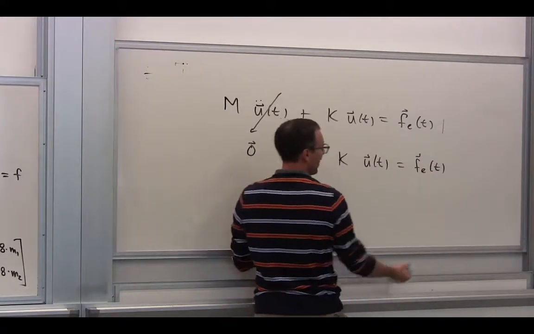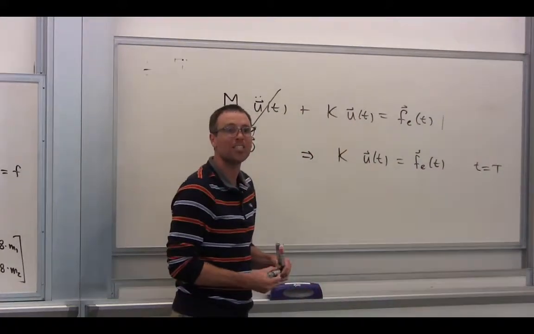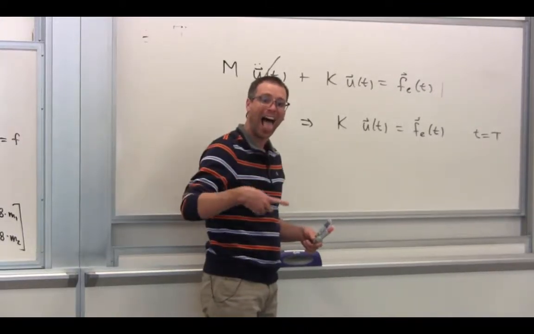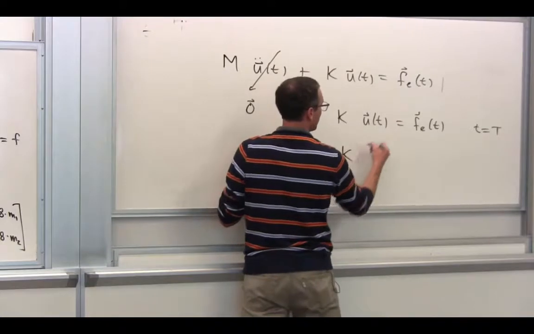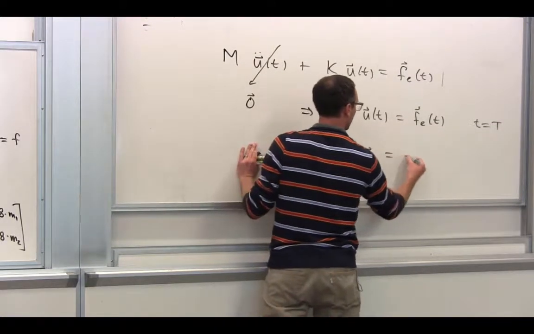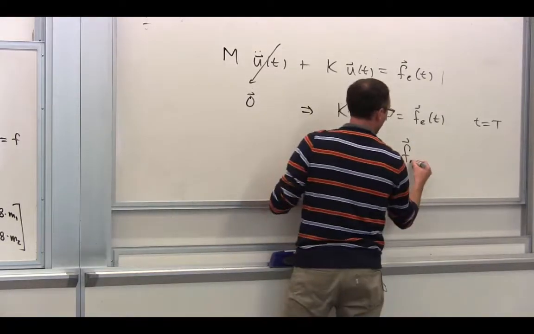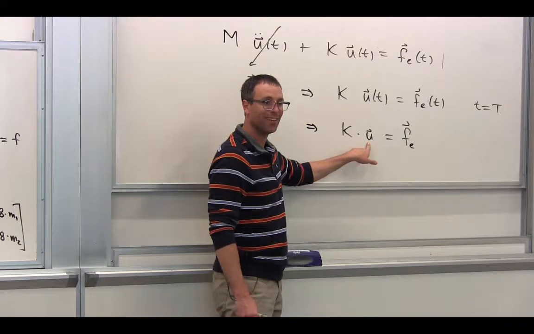and perhaps you say at t equals capital T, time is a constant. So this is no longer a differential equation, it's what we call an algebraic equation. So we don't actually need to track the u's, the t's, do we? If you want to keep the little e to say that it's external force, that's cool. If I give you the measurements, what do we call that?